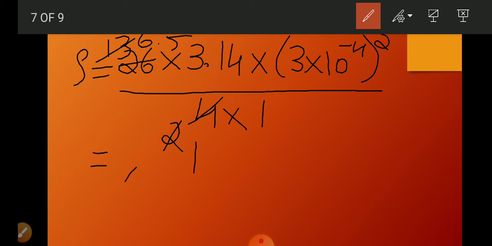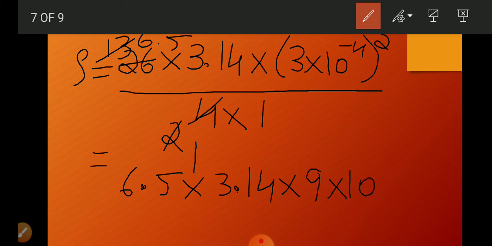So 6.5, what remains? 6.5 into 3.14 into 3 square is 9 into 10 raised to minus 4 into 2, that is minus 8, divided by 1 into 1, that is 1. Okay, so nothing is there, so it is 1.